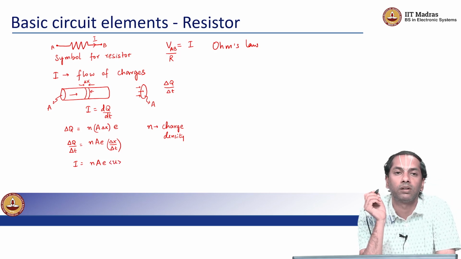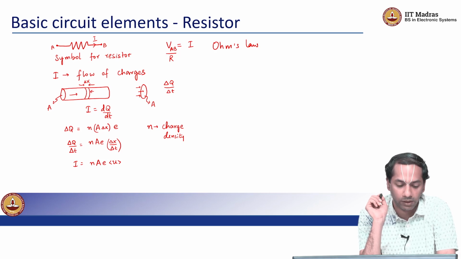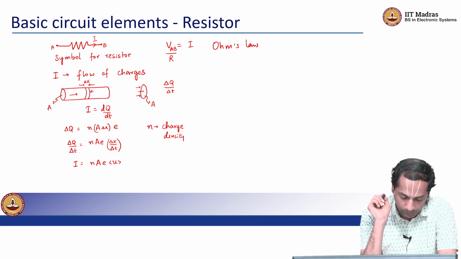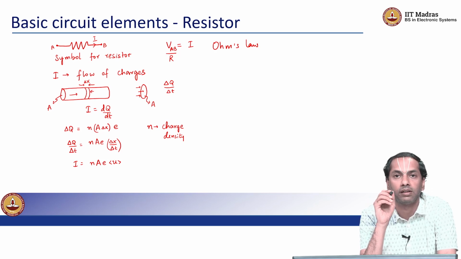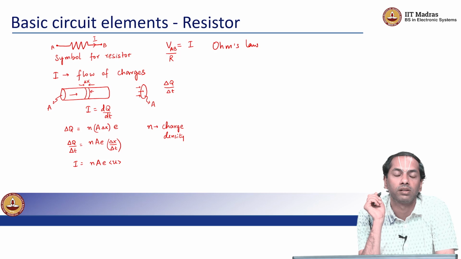So, I cannot expect all of the electrons to have the same velocity, but some mean velocity, which I am calling u with the angular brackets around it. Okay. So, we are saying that if I can somehow find the mean velocity of all the charges, then I can somehow get the current that is flowing through this wire.